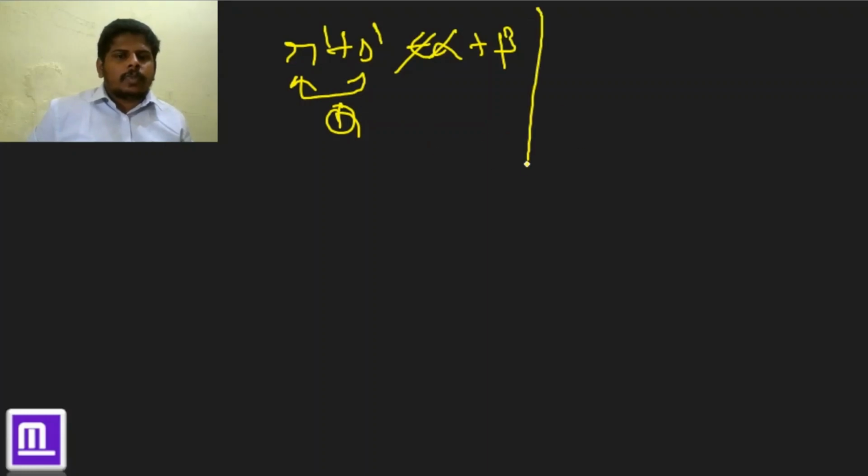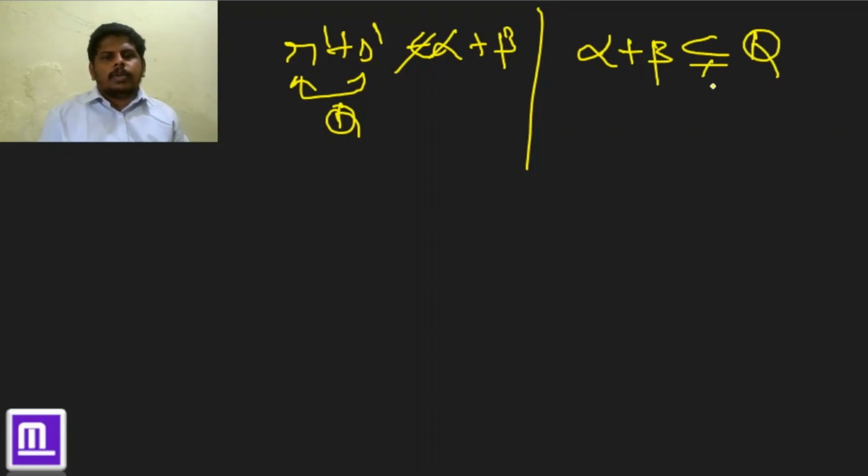So we have a rational number which is not in alpha plus beta, but alpha plus beta is a subset of the rational numbers, because every r plus s is a rational number. So alpha plus beta is a proper subset of the rational numbers.